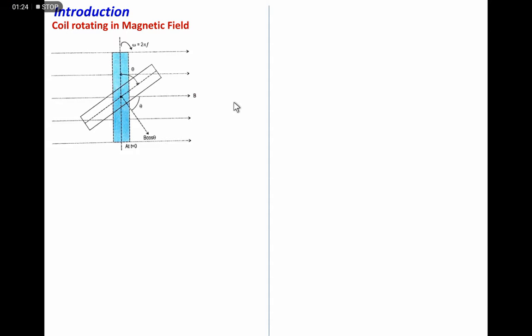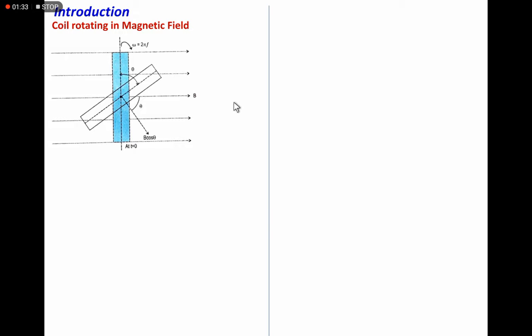Here in this chapter we are starting our introduction with a coil rotating in the magnetic field, and the diagram is this. We are very familiar with this diagram.